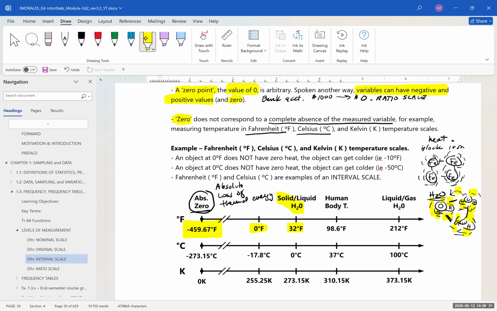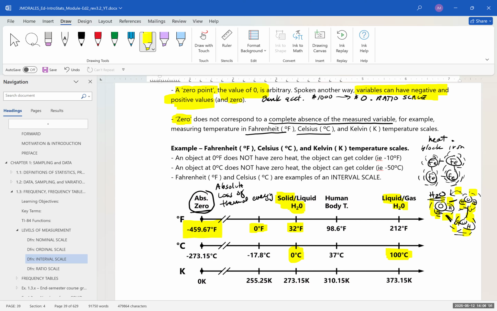The Celsius scale is very similar in that you can have 0 degrees Celsius. Remember, that was our definition above: you can have zero as a value, but you can also have negative as well as positive numbers. Positive 100 degrees centigrade is the temperature at which water boils, and 0 degrees Celsius is when water freezes.